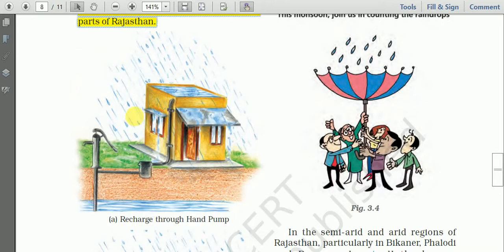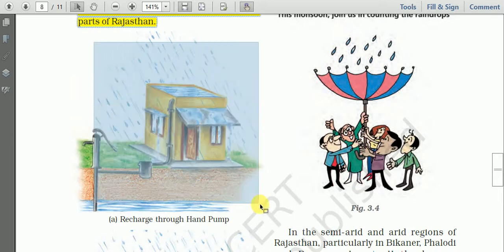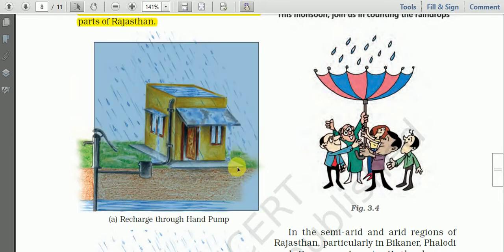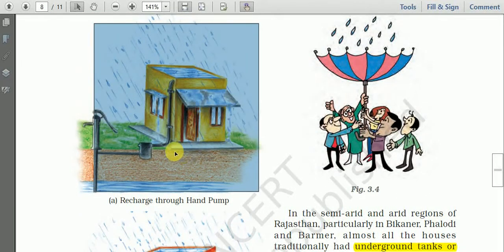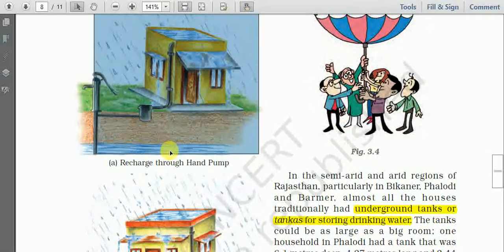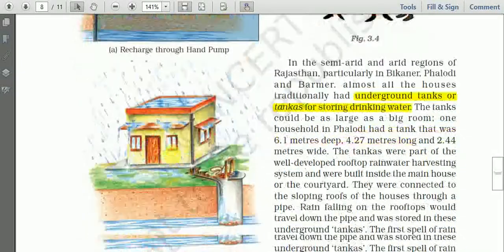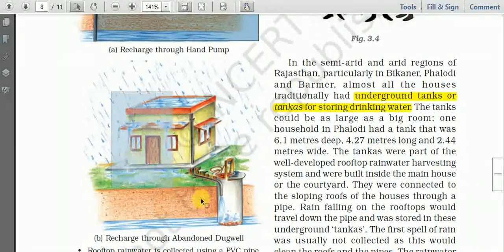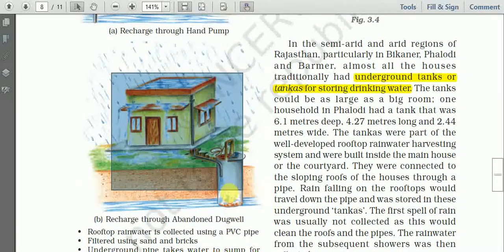Next we have this method of rainwater harvesting, rooftop rainwater harvesting. In this case, rainwater is collected at the top of the roof, then carried downward, filtered, and recharged in a hand pump. It can be stored in an underground tank also, and the rainwater can be recharged in a dug well also.